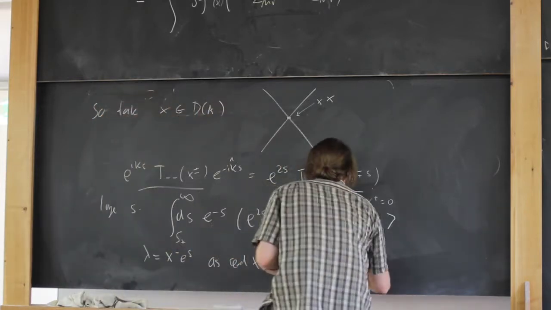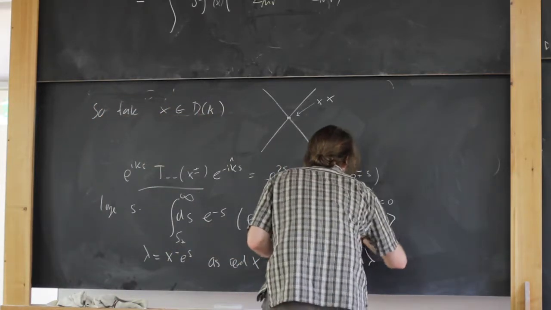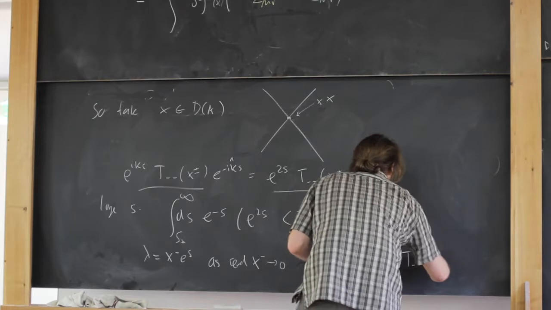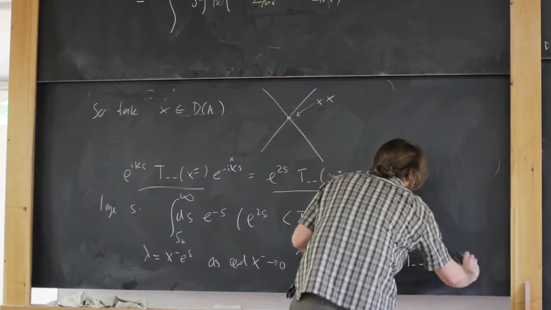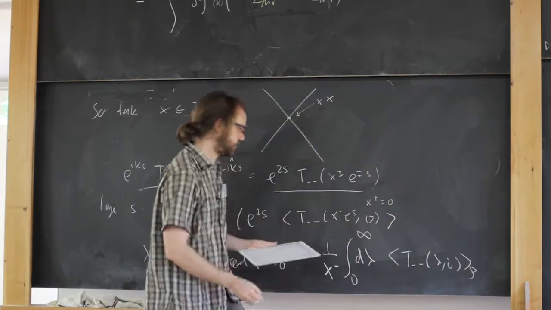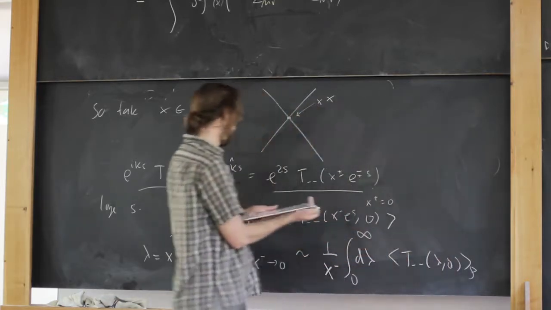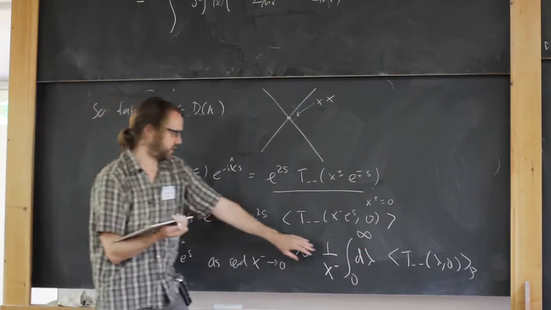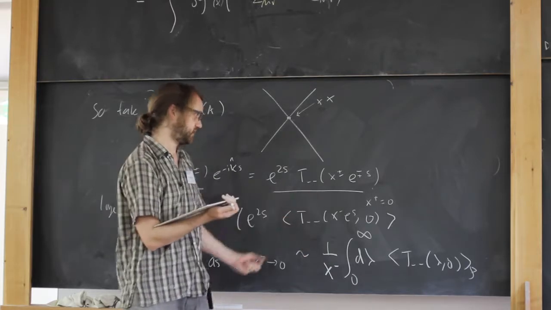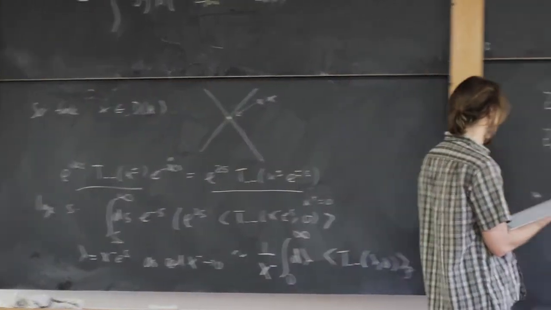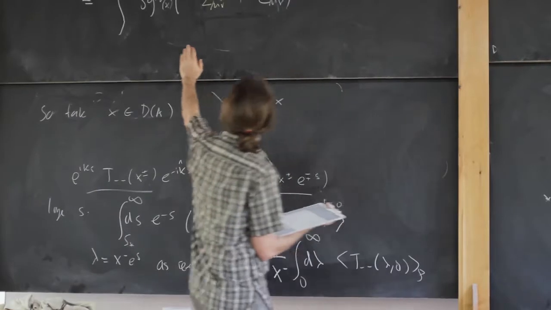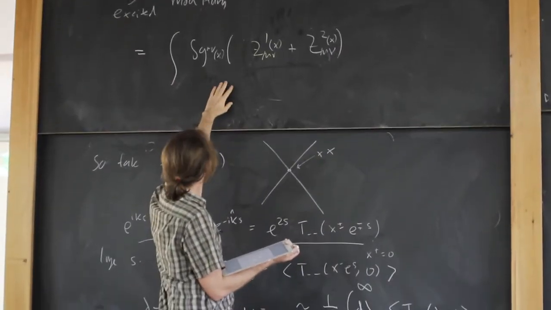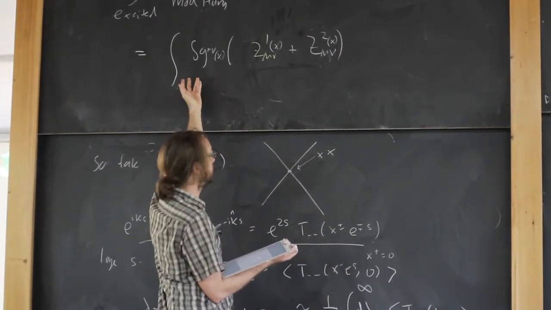There's an integral over d lambda from 0 to minus infinity of T minus minus, lambda, 0, evaluated in the excited state rho. This pole is going to give us the answer, because we're going to plug this into here, and we're going to integrate by parts on the diffeomorphism.